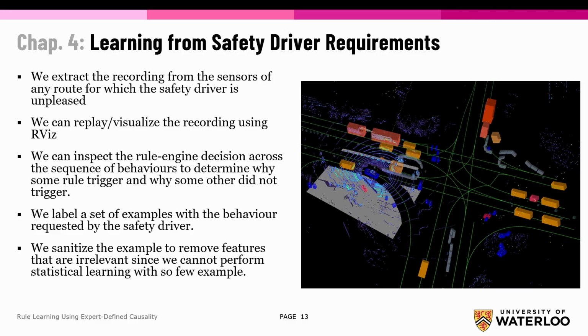And because it's impractical to do statistical learning from the real world, we also need to incorporate a sanitization procedure in which we replace the stuff in RViz, but for the sake of learning the rule, remove the stuff that was irrelevant.